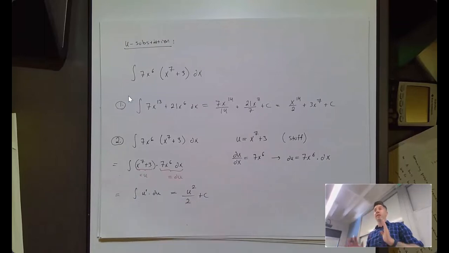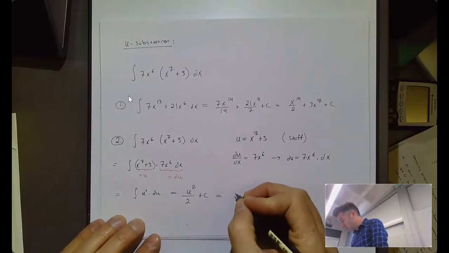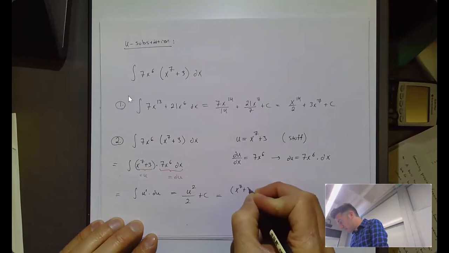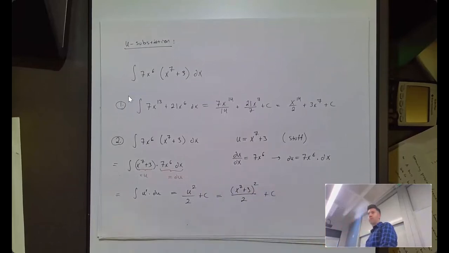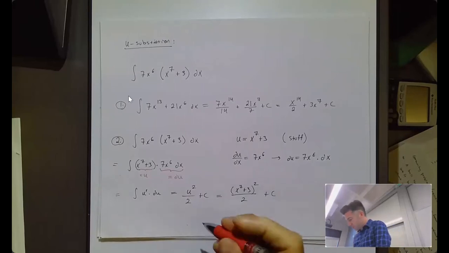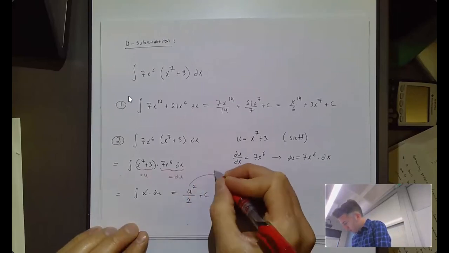We're just getting an answer that's a function. If we're getting an answer that's a function, it needs to have the same variable that we started with. So if we started with x's, we need to end with x's. So we need to replace u with what it's equal to. And u was x to the 7th plus 3. So, replace.